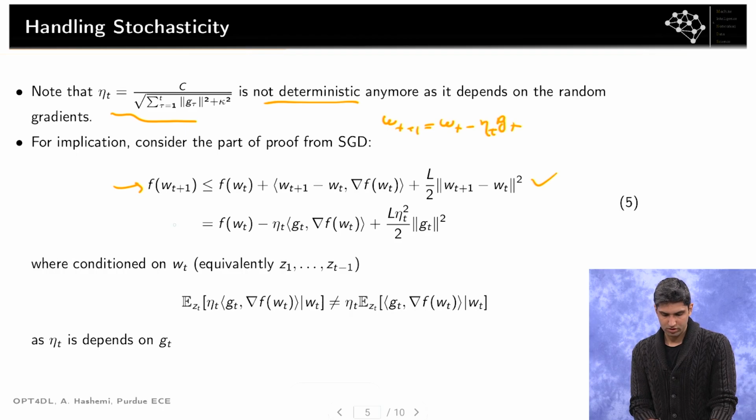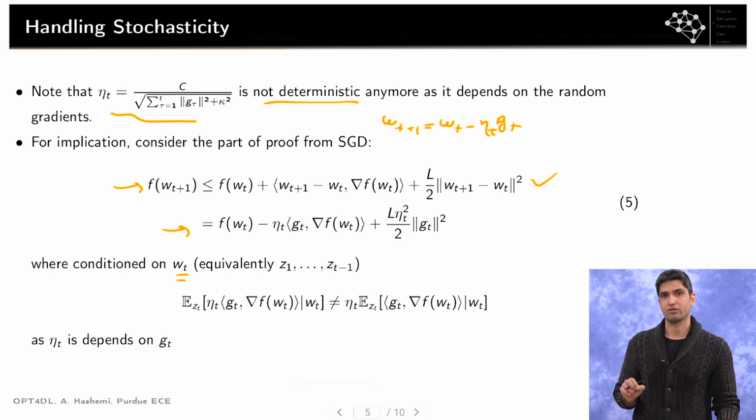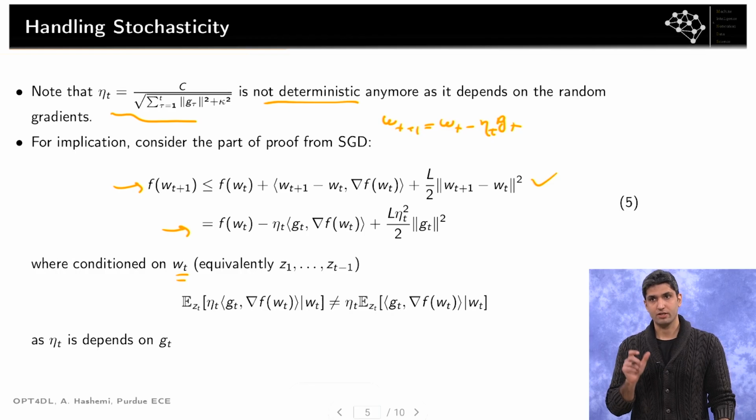I do the substitution and arrive at this line. Then what we did when we were analyzing SGD was that we conditioned on w_t, meaning that I'm fixing all the sources of randomness that I've gathered so far, and I'm just focusing on the current source of randomness, which is the random selection of mini-batch at time t.